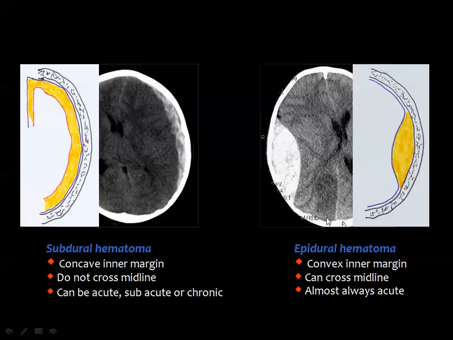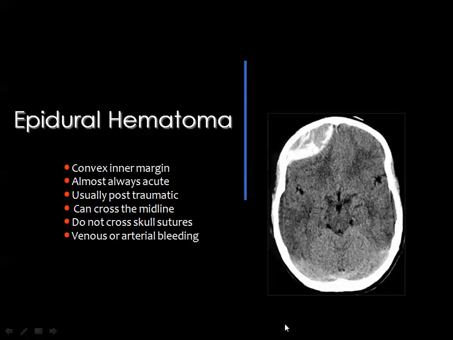But the subdural space is wide, and the blood can progress overlying the convexity of the cerebral hemisphere, so it will have a concave inner margin. And the subdural blood cannot cross the midline because it will descend in the falx cerebri, while the epidural blood can easily cross the midline if it occurs near the midline plane.